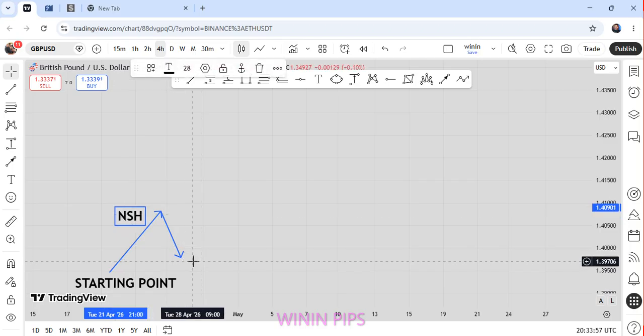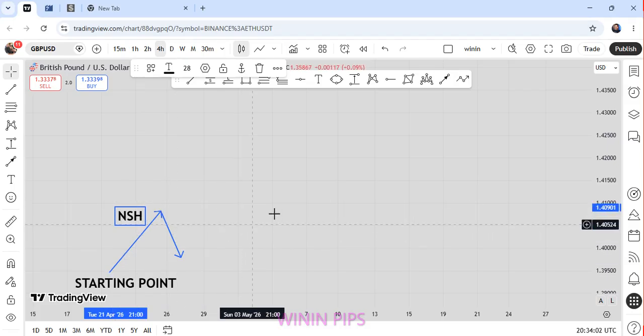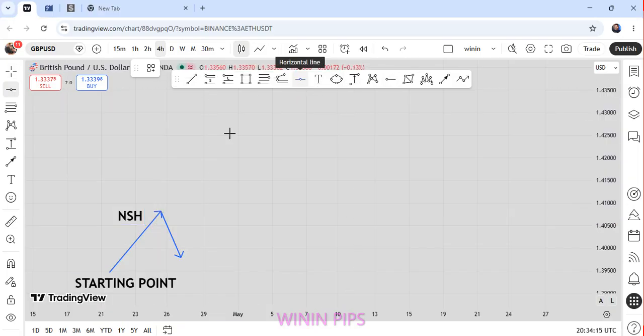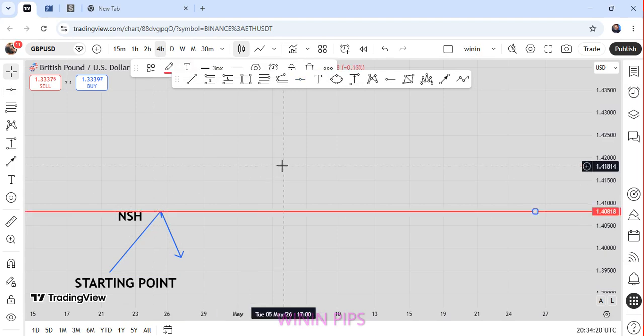Okay, so before you can consider this to be an uptrend, after the retracement or after the market has pulled back, the next move should be able to break this particular point. So let me grab my horizontal tool, place it here nicely, good.